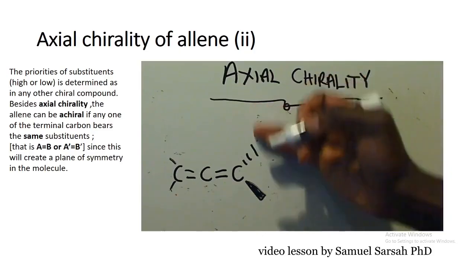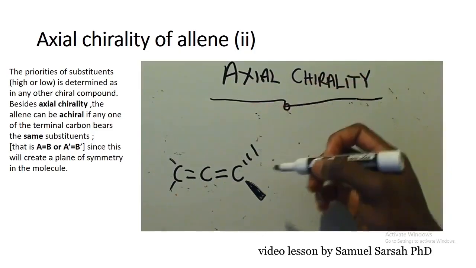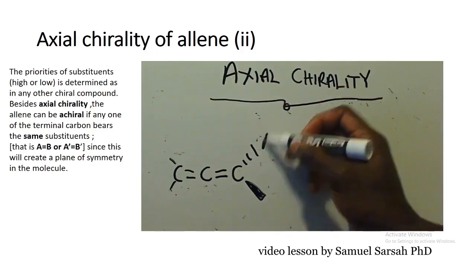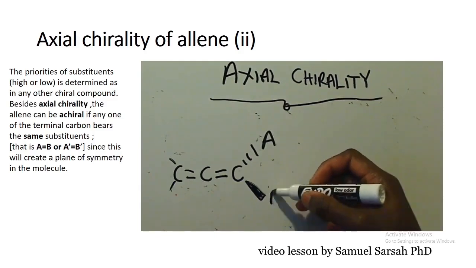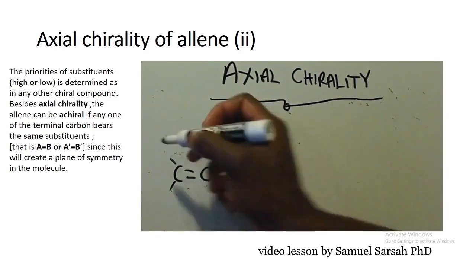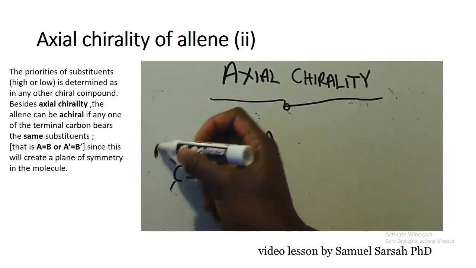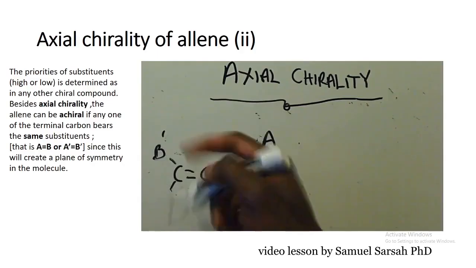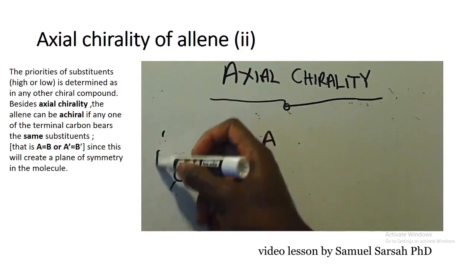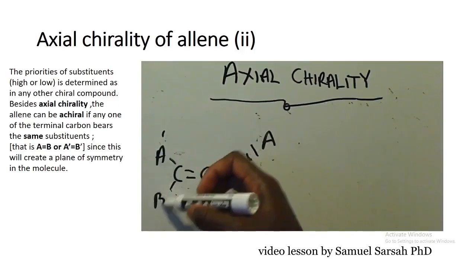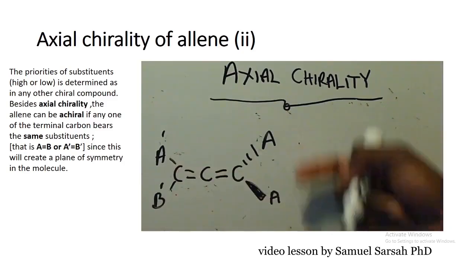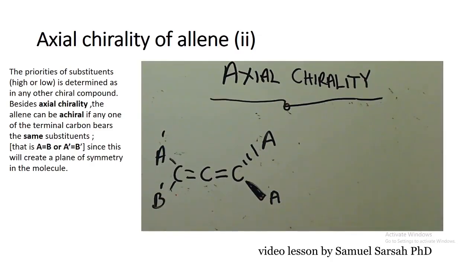So if on each carbon or one of the carbons the two groups are the same, let's say we have A and A here, and then let's say this is B, and so this is A prime, and this is B prime. So even if these two groups are different, but the groups on this carbon are the same, we will have a mirror plane.